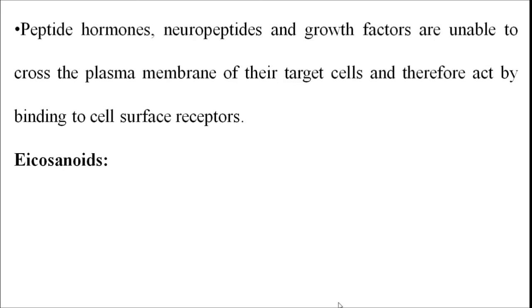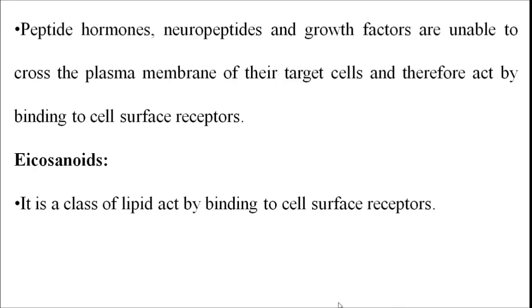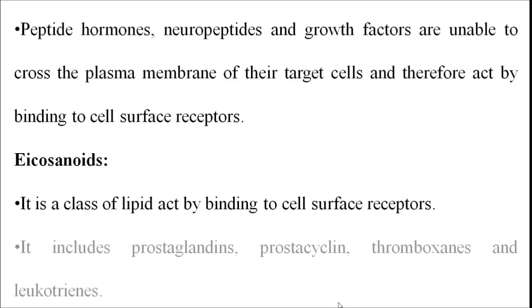Now, the next one is the eicosanoids. It is a class of lipids which act by binding to the cell surface receptors. These eicosanoids mainly include prostaglandins, prostacyclin, thromboxane, and the leukotrienes.